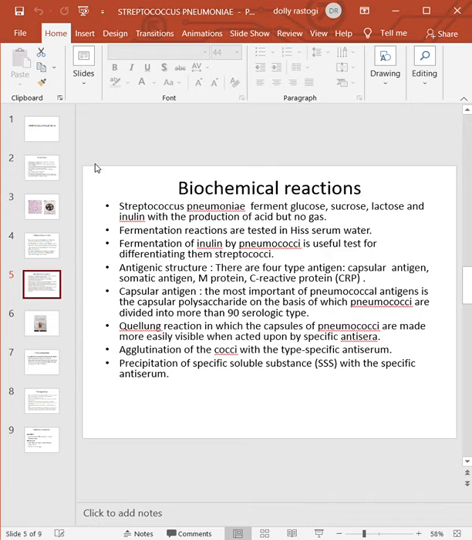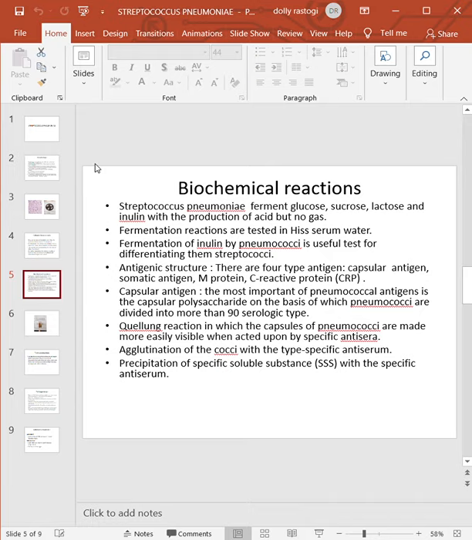The fermentation of inulin by pneumococci is a useful test that differentiates it from streptococci.